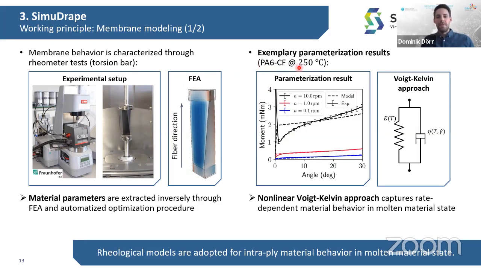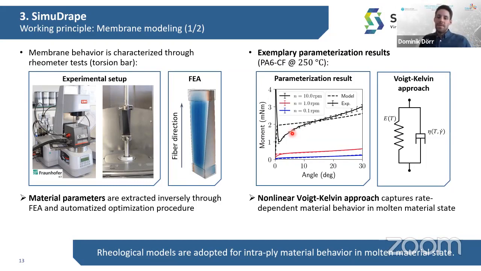This is at 250 degrees C, and we can see the result down here. The dashed lines show the model prediction, and the solid lines show the characterization results. What we can nicely see is that we have a distinct rate dependency, which we see in the test and of course also in our model. This can be seen because if we increase the deformation rate, we obtain a higher torsion moment.